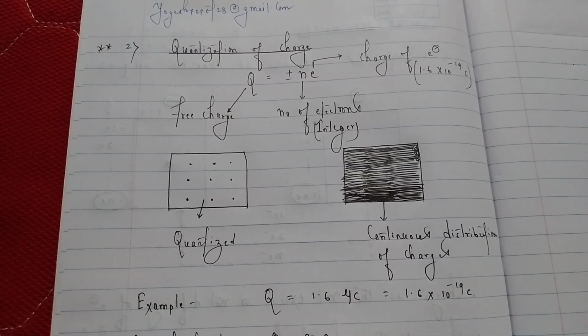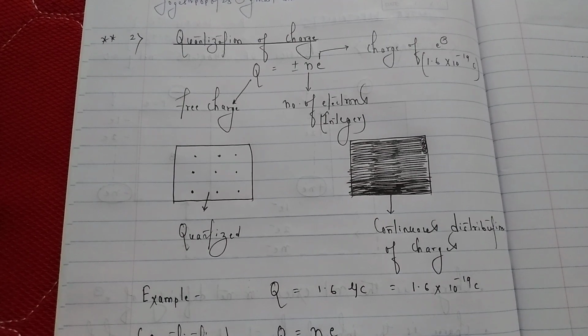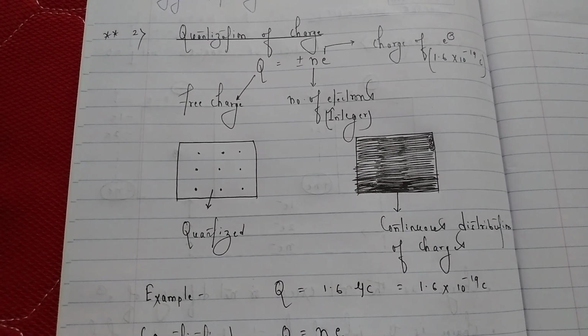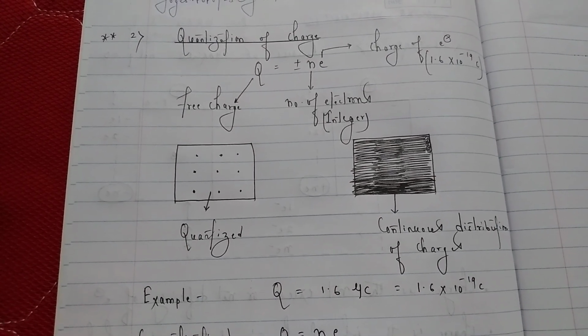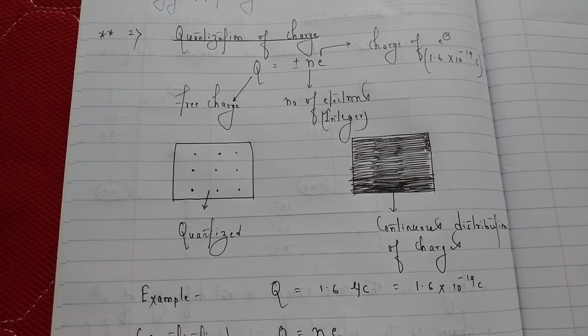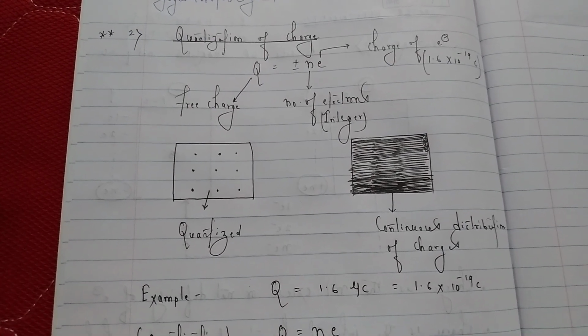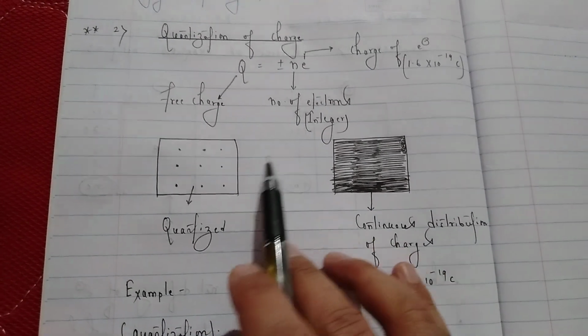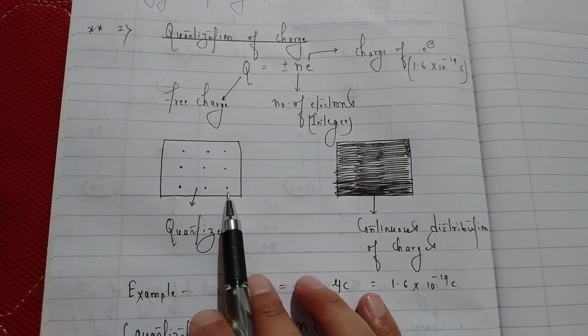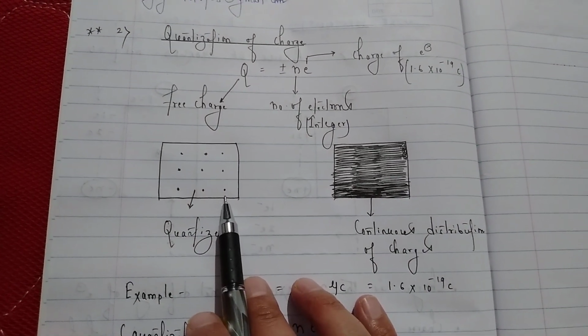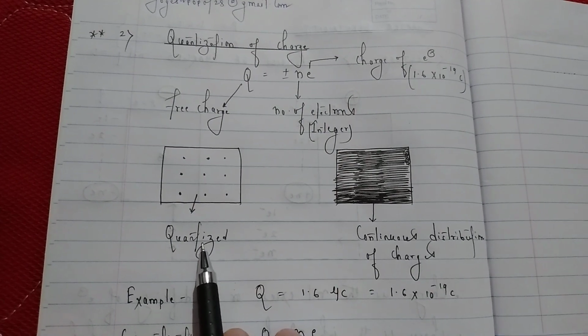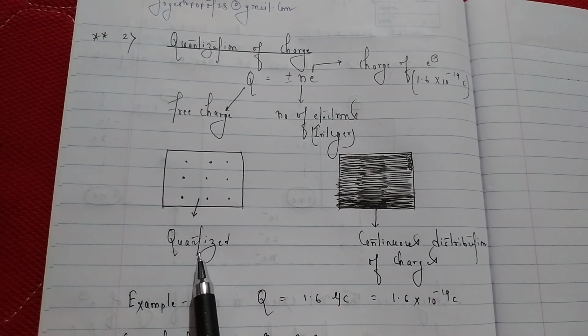One very important thing to understand about the quantization of charge is that the concept of quantization is valid only at the microscopic level, where the number of electrons ranges from a few to a few hundred. If you see these two diagrams, here we can count the number of electrons easily. These are discrete in nature, and this is called a quantized distribution of charges.